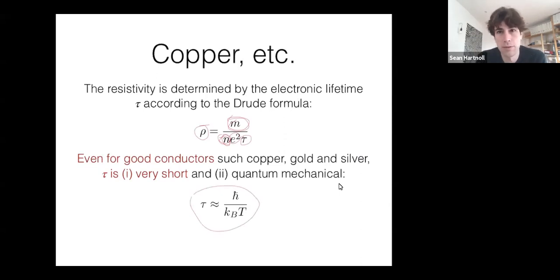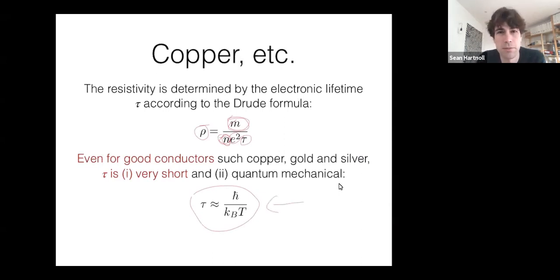Even for copper. Copper has a very long mean free path, it's a good metal, that's why we make pots and pans out of copper sometimes. But this lifetime is actually very short.